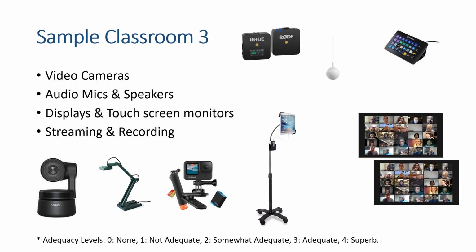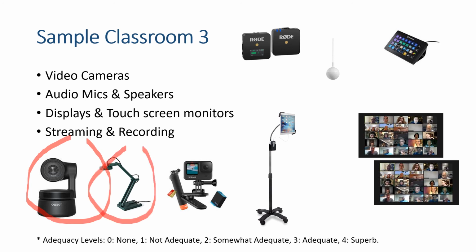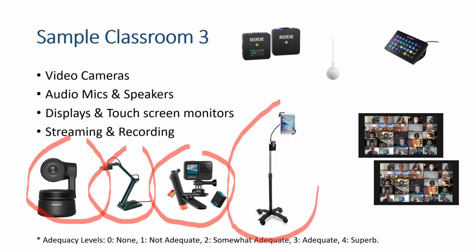This is another set. It focuses on video. So for example, we have an auto-tracking PTZ camera, an overhead document camera, even a GoPro. So if your class requires you to move around, like automotive programs, you could use this camera setup or have a stand.